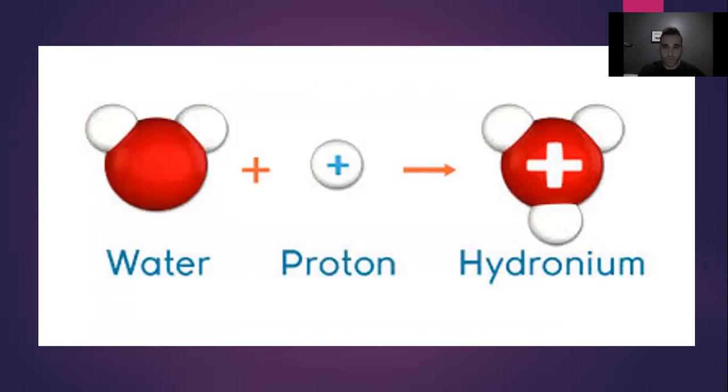Okay, and it has a positive charge because it has one more proton total in the whole molecule than electrons. So you have a net plus one charge. So that is actually what the H plus is. And when we say pH and the concentration of hydrogen in the water, we're really talking about hydronium. So the more hydronium a water or a solution has, the more acidic it's going to become.